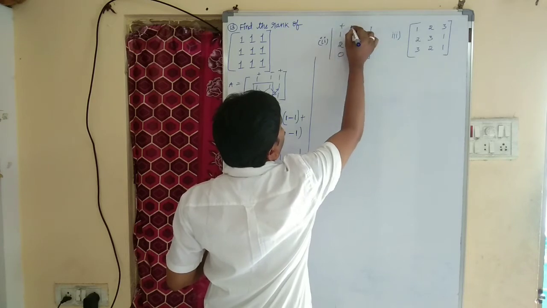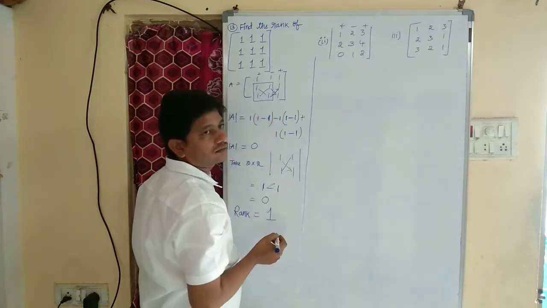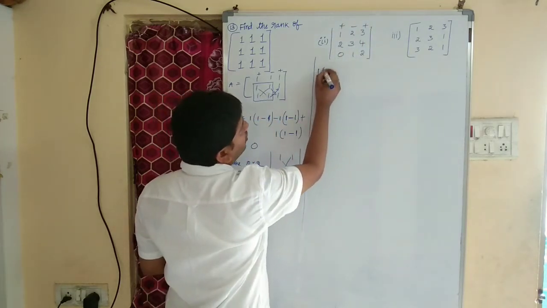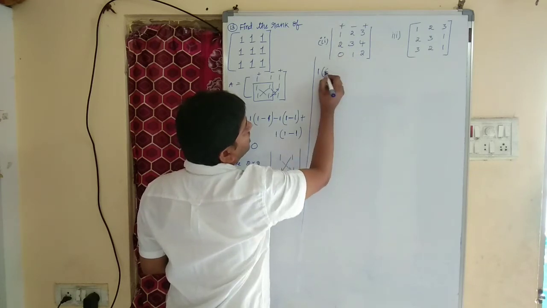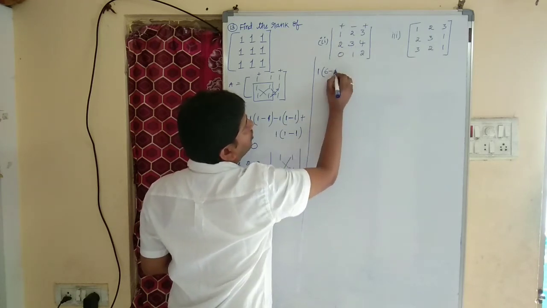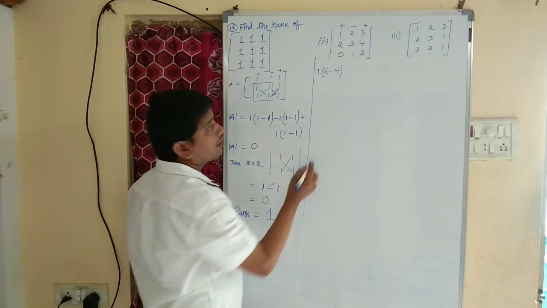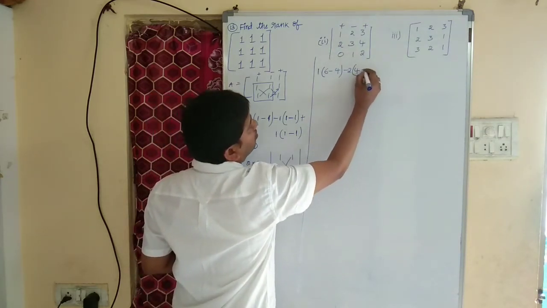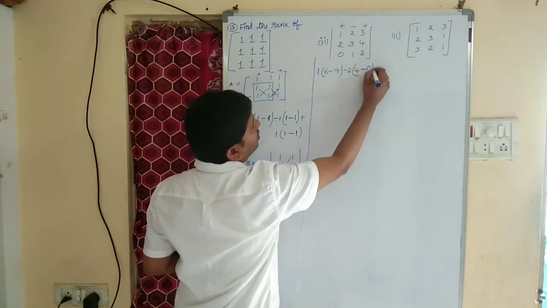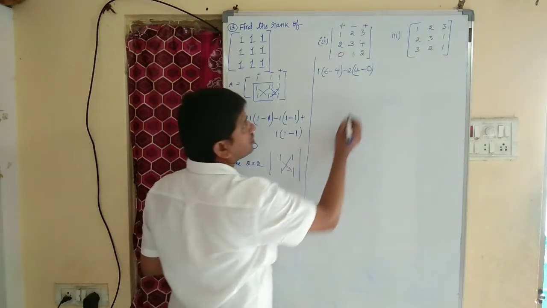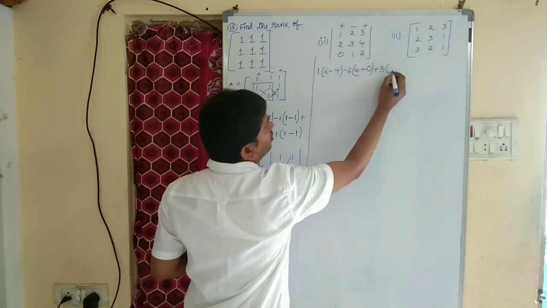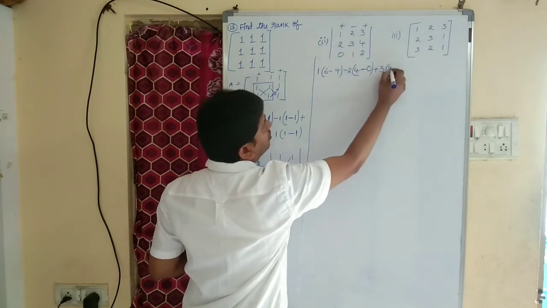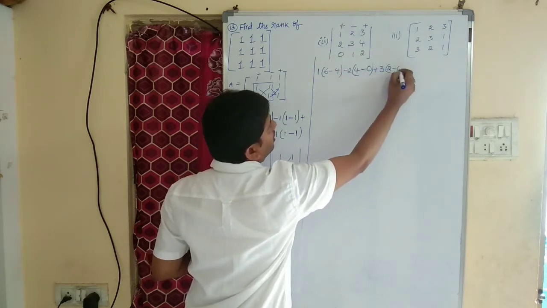Okay. This is plus minus plus. 1 into 3 into 2 is 6 minus 1 into 4 is 4, and minus 2 into 2 2s are 4 minus 0 into 4 is 0, plus 3 into 2 1s are 2 minus 0 into 3 is 0.